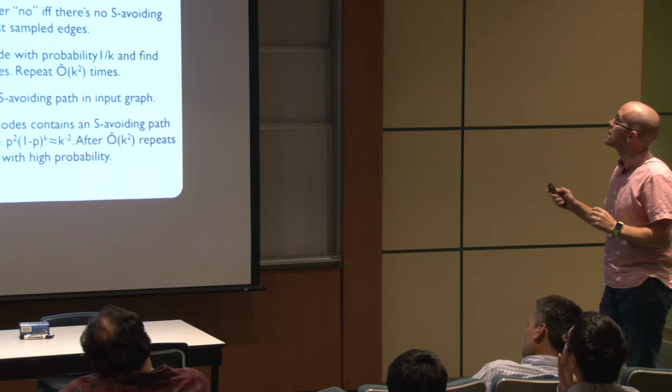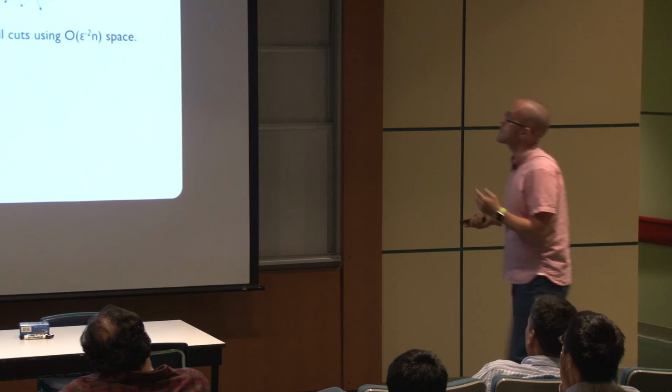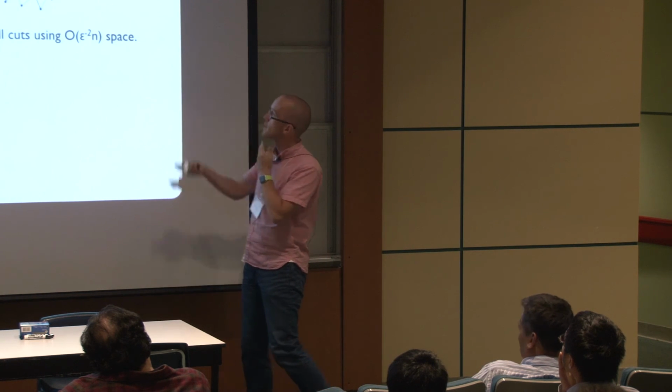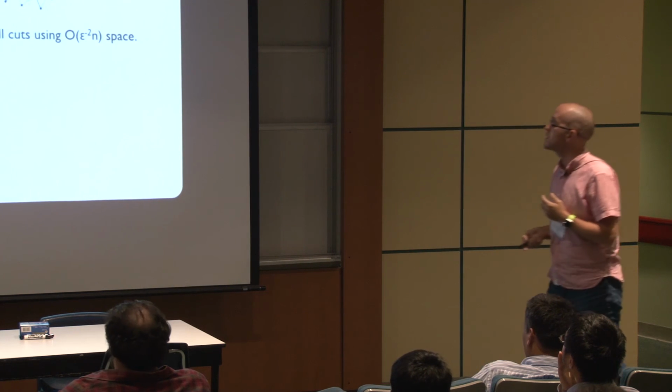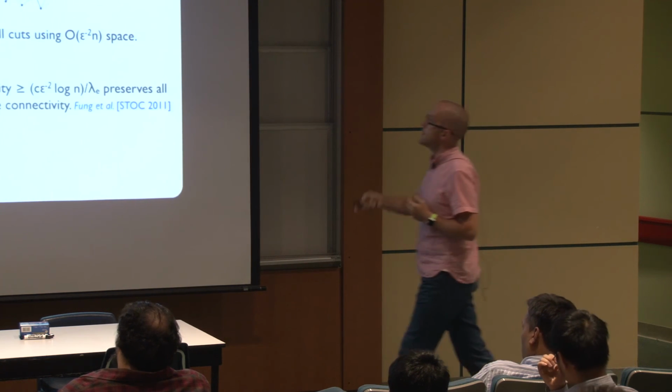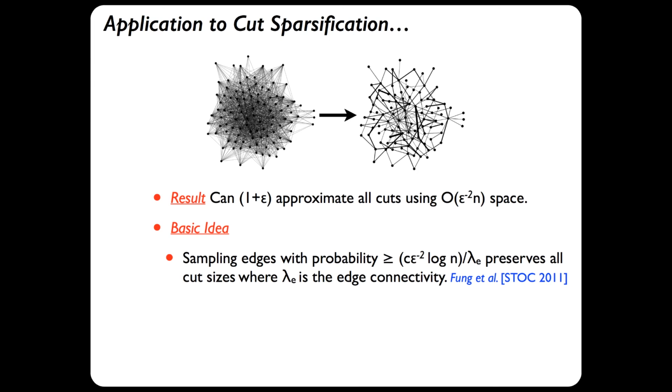Okay, last thing I wanted to mention was cut sparsification. So we can 1 plus epsilon approximate all cuts using that space. At the level I'm going to describe this, it's not going to be clear quite what the difference is between what was being done before, but I'm happy to talk about this offline.